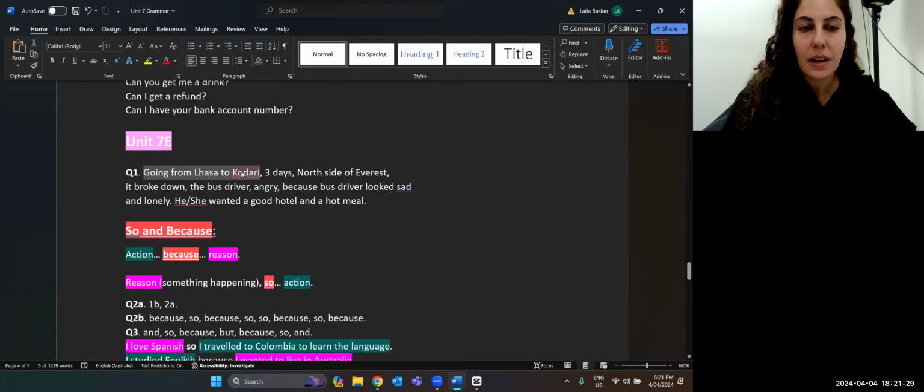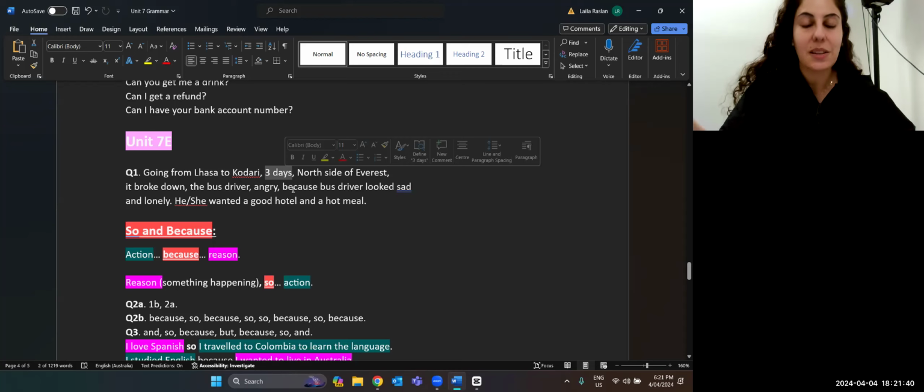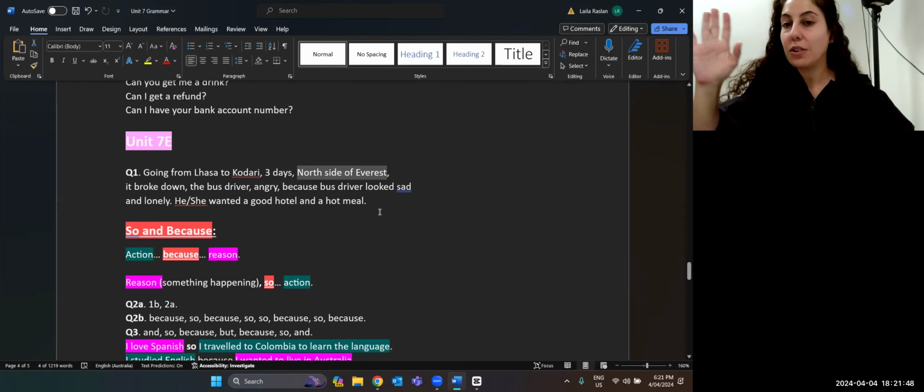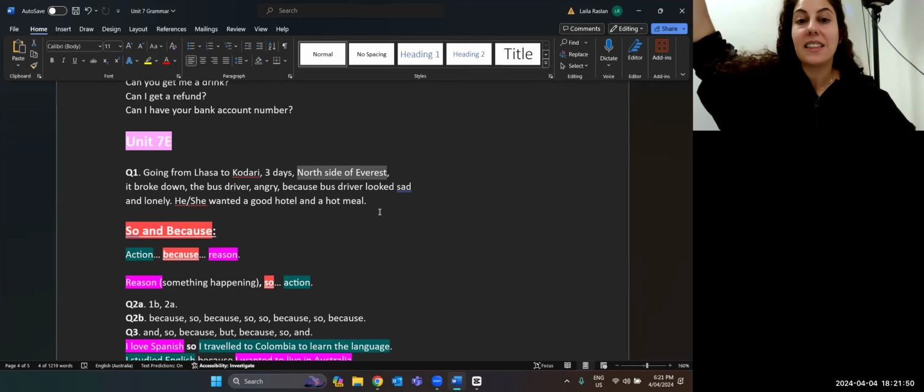Or you could just say Lhasa to Kodari. That's where they were. And how many days was the journey? 3 days. What could the passengers see? So in the bus, what could they see? The north side of Mount Everest. So if they looked outside the window, they could see the mountain.